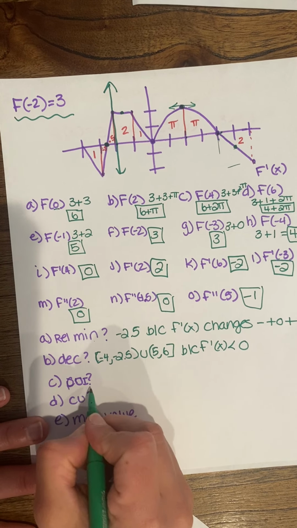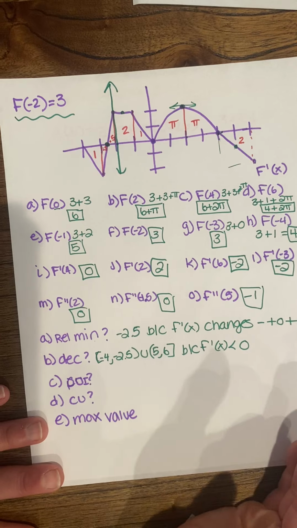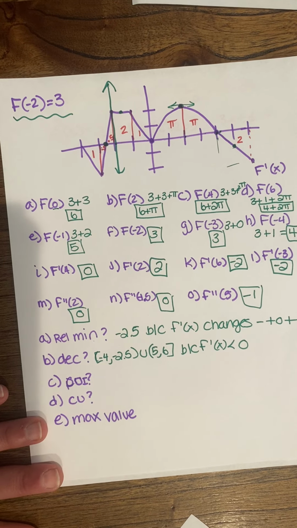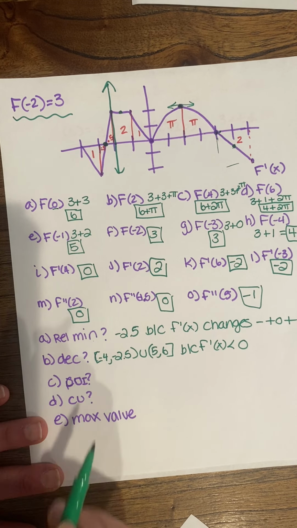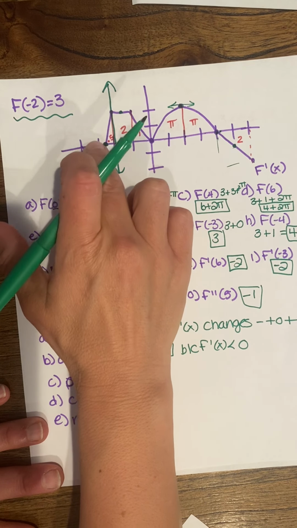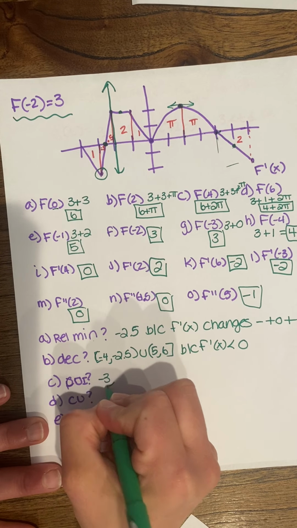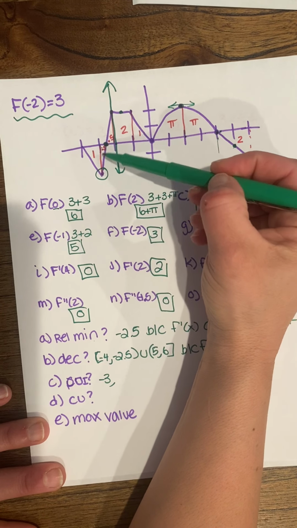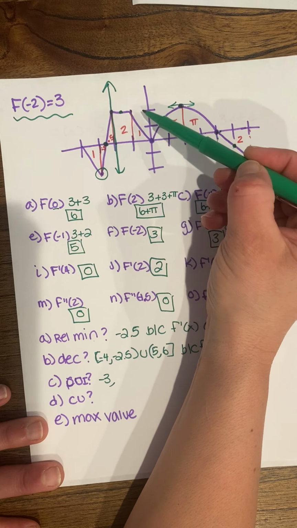Okay, point of inflection is where the second derivative changes sign. On a deriv graph, the second derivative is slope. So I have to see where the slope changes from positive to negative or negative to positive. So the first place that happens is right here at -3, right? It doesn't happen here because here the slope is changing from positive to 0.